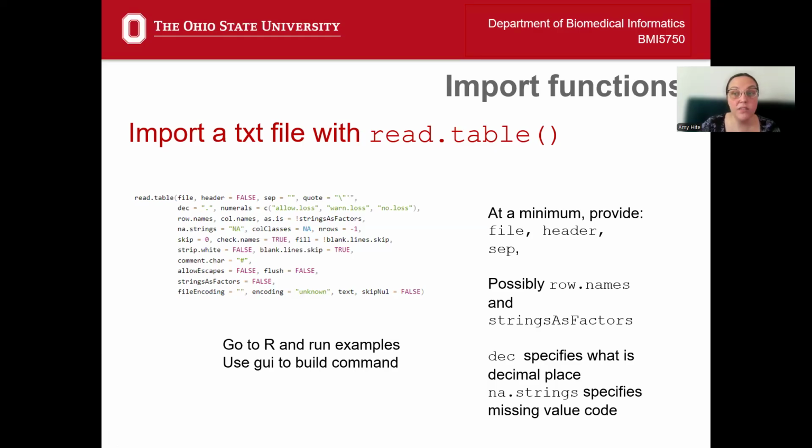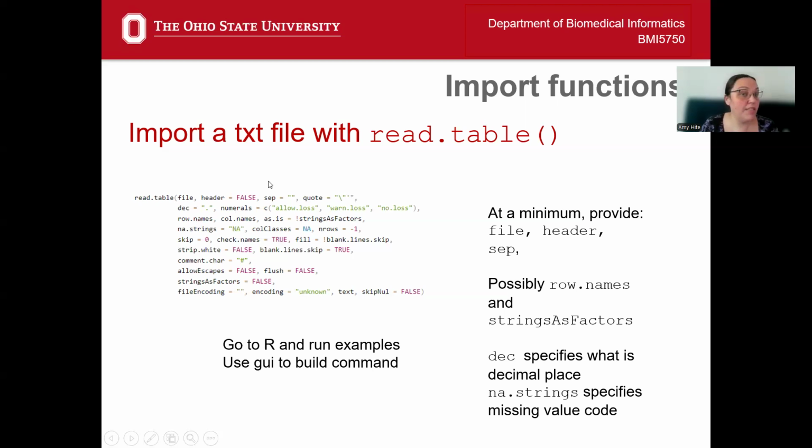We would set header equal true if that was the case. But by default, it's going to assume there are no column names, and it's going to make column names for you. And then the third most important thing to tell it is the separator. What is your delimiter for your table, your file? Most of the time, we do tabs. So it would be a backslash and a T you would use as your separator.